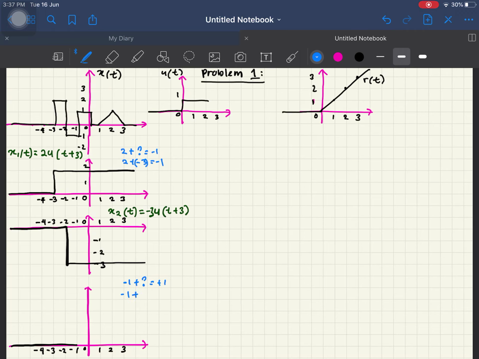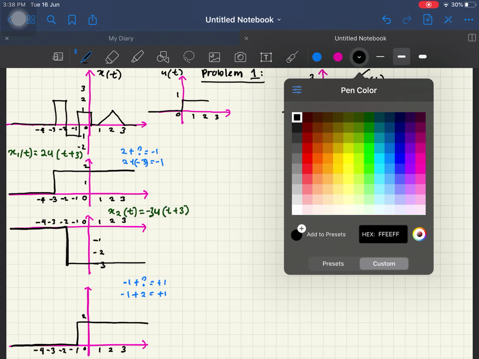Minus 1 plus 2 will give you positive 1. So you have a signal of amplitude 2 that occurs at t equals minus 1.